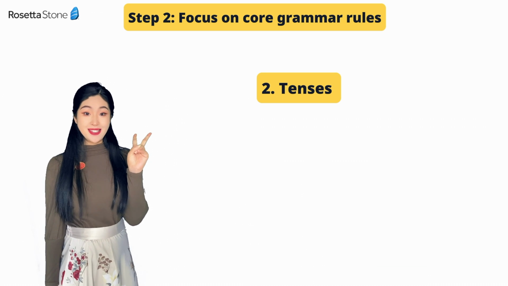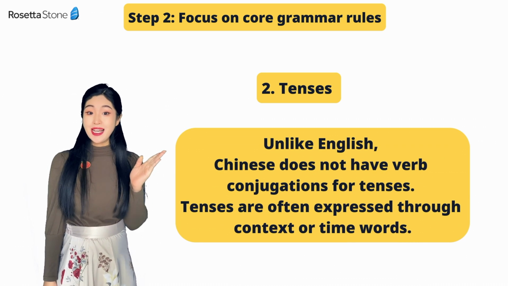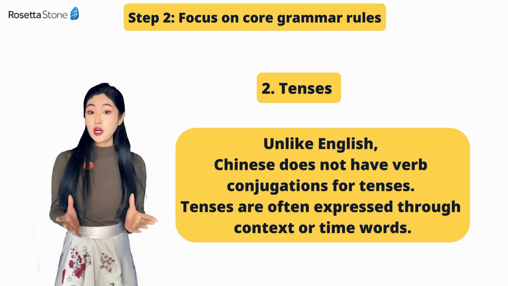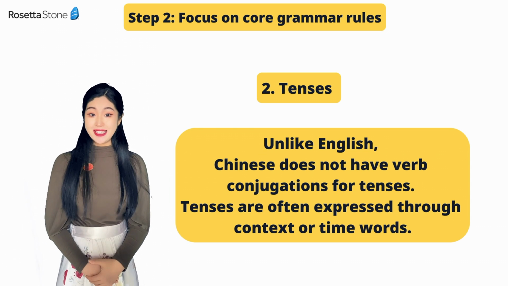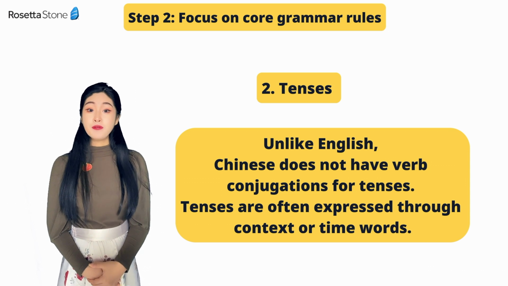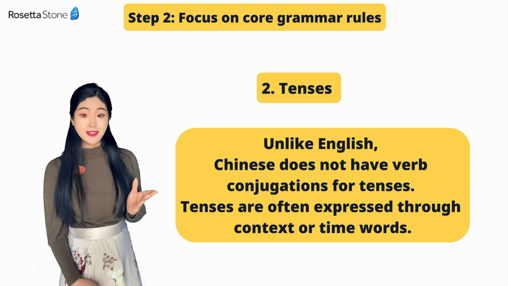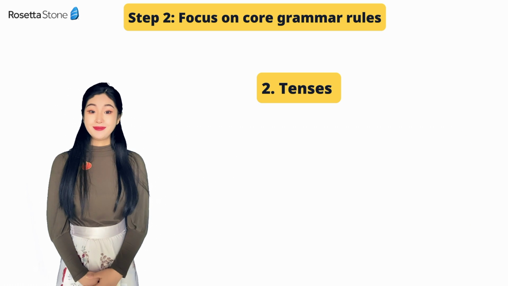2. Tenses. Unlike English, Chinese does not have verb conjugations for tenses. Tenses are often expressed through context or time words.